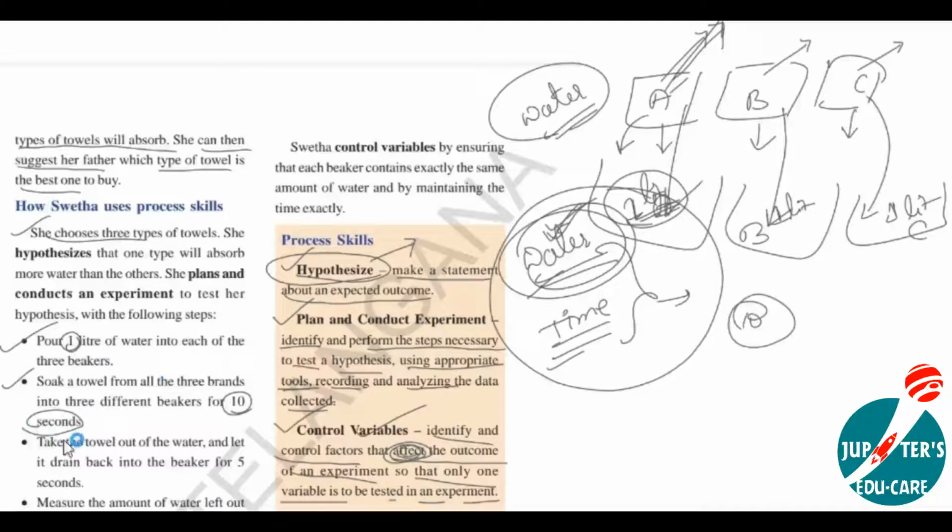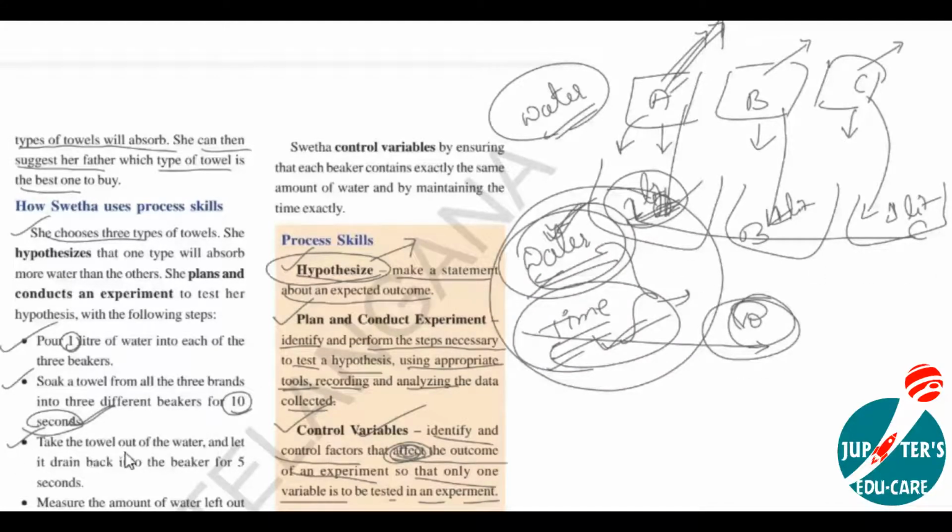Only 10 seconds. I already told you, time is also a factor. If you change the time, it may affect the result. If you change the quantity of water, it may affect the result. So we take an equal amount of water and soak all towels for exactly 10 seconds, not more and not less.